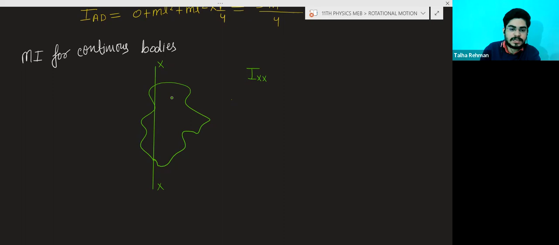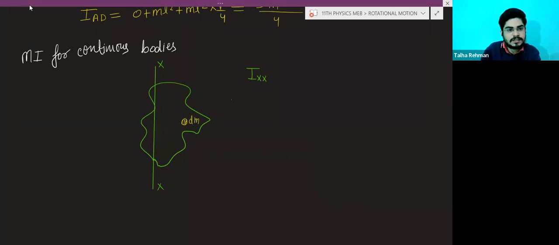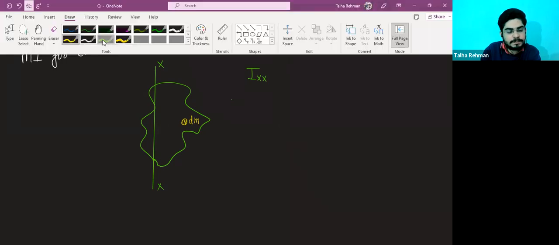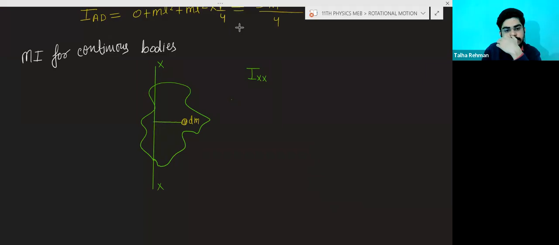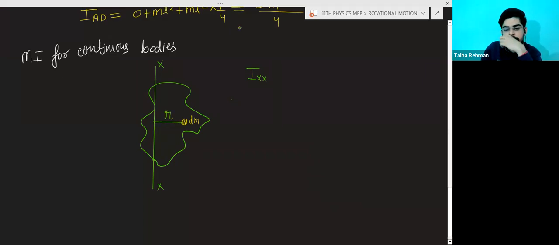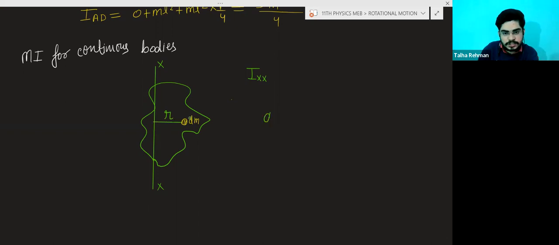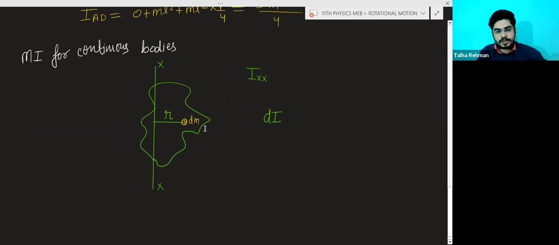Suppose we have chosen a small elemental mass dm, and we take the perpendicular distance of this mass. This is r. For this very small elemental mass, the moment of inertia is dI, a very small moment of inertia of this mass about this axis.